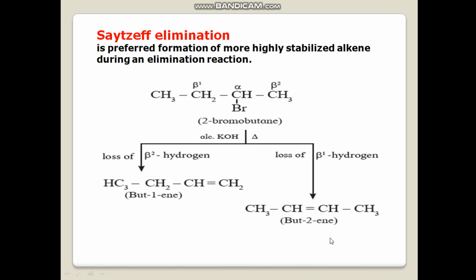But the major product is this product, because this carbon-carbon double bond is more stable, as two alkyl groups are attached to the doubly bonded carbon atoms. They give a plus I effect, an electron donating inductive effect. Therefore, this is the major product.